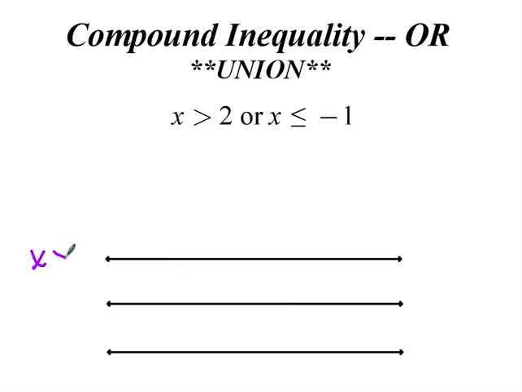So I'm going to do x is greater than 2. Then I'm going to do x is less than or equal to -1. And then I'm going to do x is greater than 2 or.